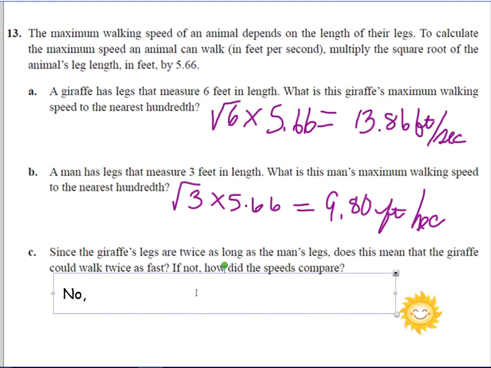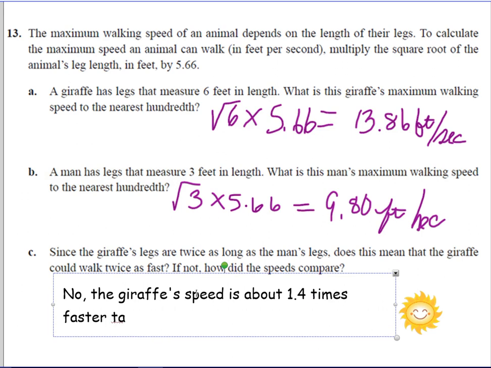And if we divide 13.86 by 9.80 to see what the ratio is, we can say that the giraffe's speed is about 1.4 times faster than the man's speed.